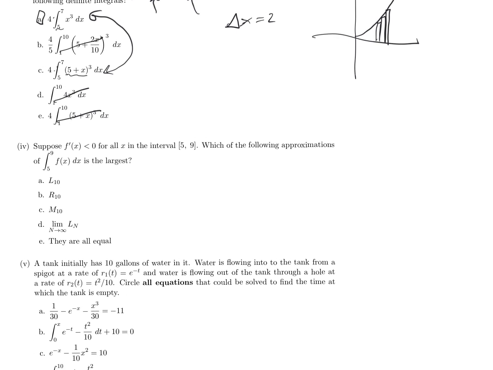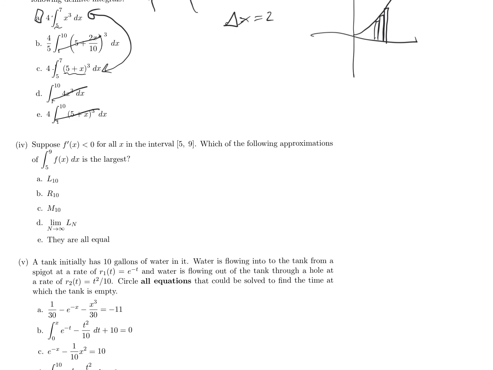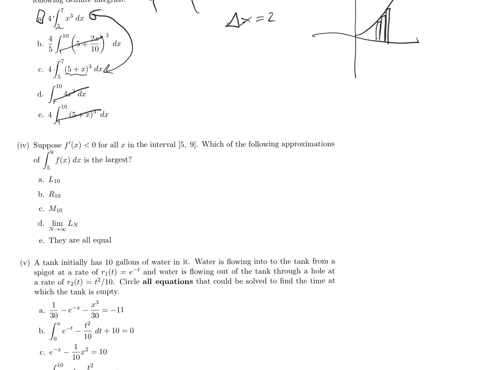We are told that some function has a negative derivative for all x between 5 and 9. So I'm going to sketch a graph of what the function might look like.